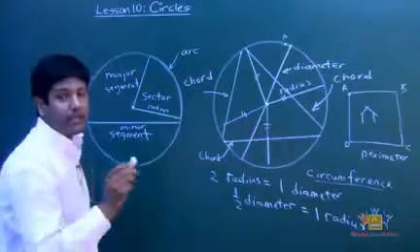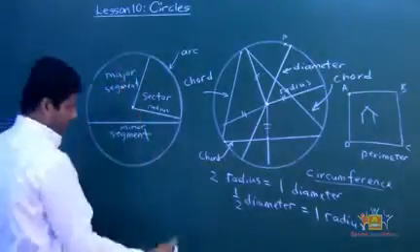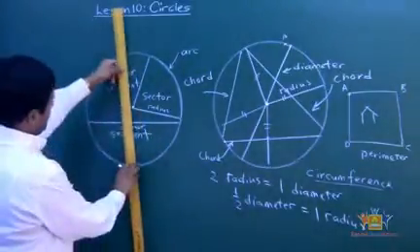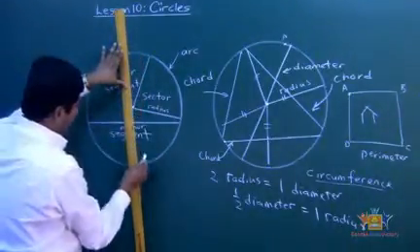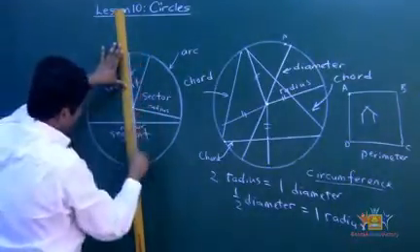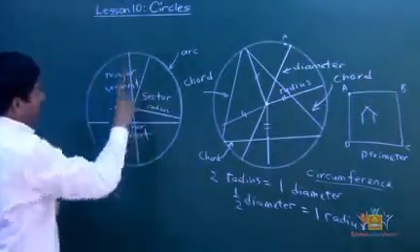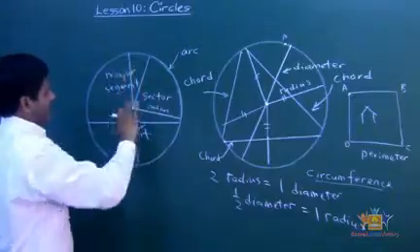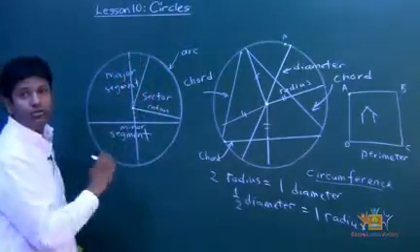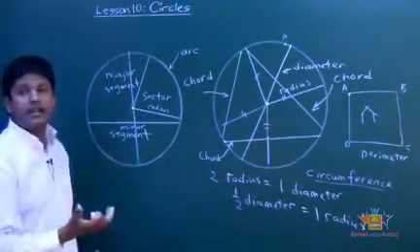Very important. If I take the straight edge, one point on the circle, another point on the circle, make sure it goes through the center right there. That is the diameter. That means it makes what? Two radius. Radius 1, radius 2. Two radii make one diameter.